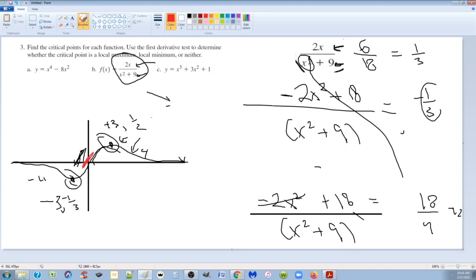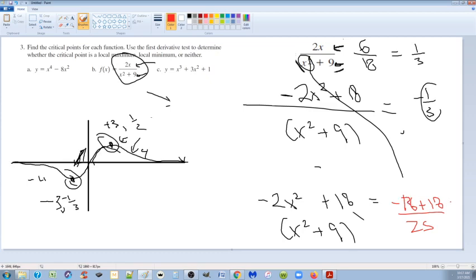Now that's good news, because it supports what I've drawn. Now I'm going to set it to minus 4. So I get minus 16 plus 18 up top, and 16 plus 9 down below, 25. I probably did that wrong before.